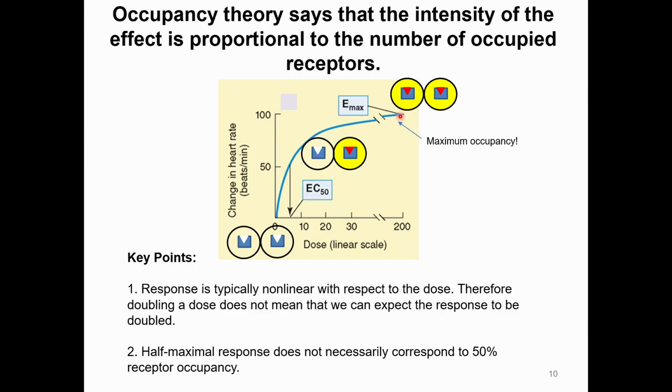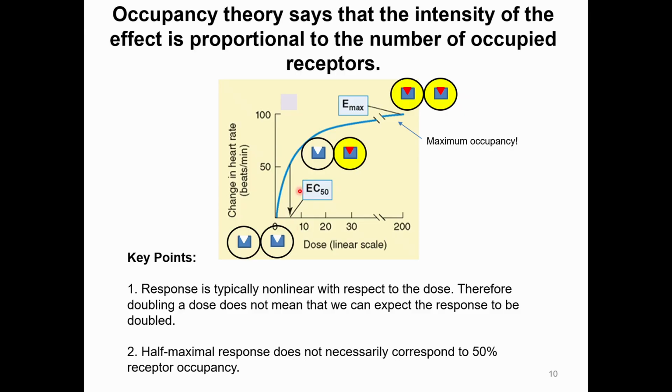So in an idealized world, we would think that half receptor occupancy should be EC50. But in the real world, it doesn't really work out that way because there's just so much going on biologically that that principle doesn't really hold up. But it gives you an idea.